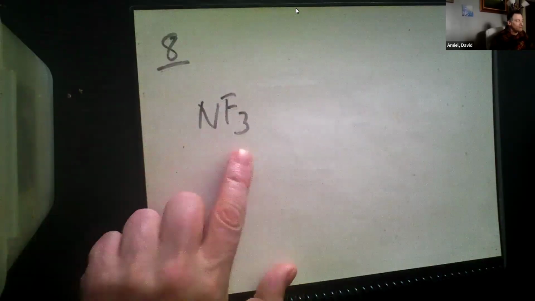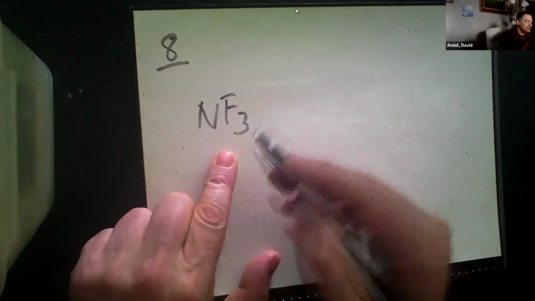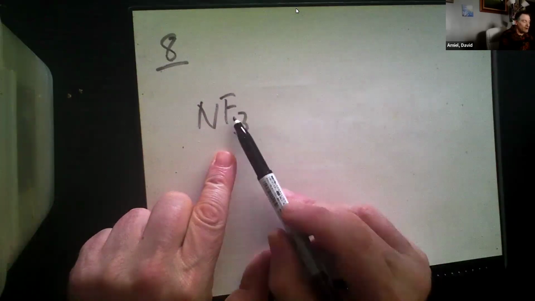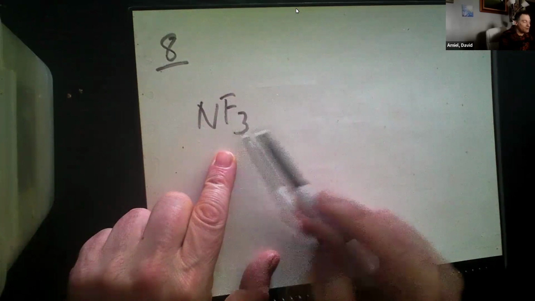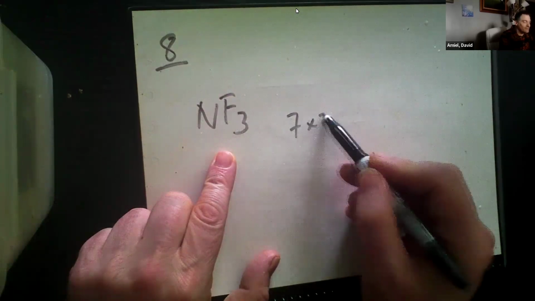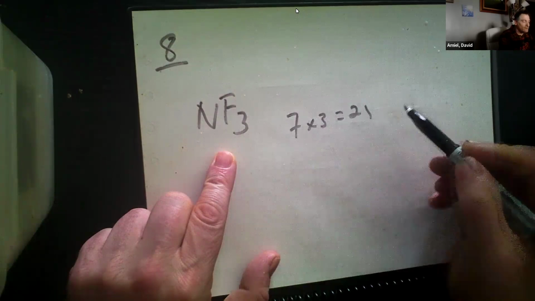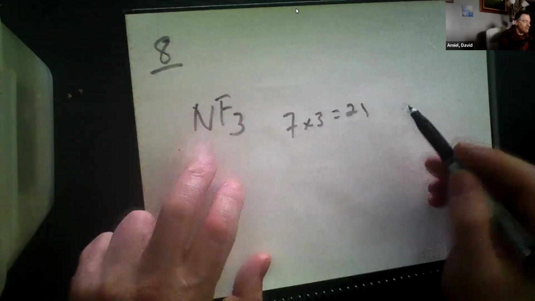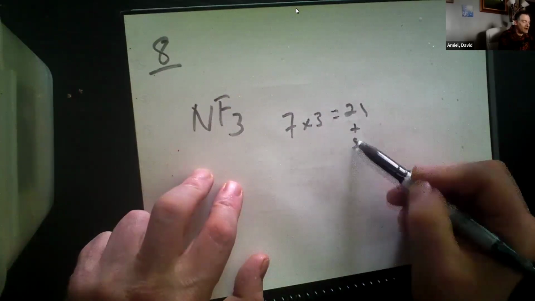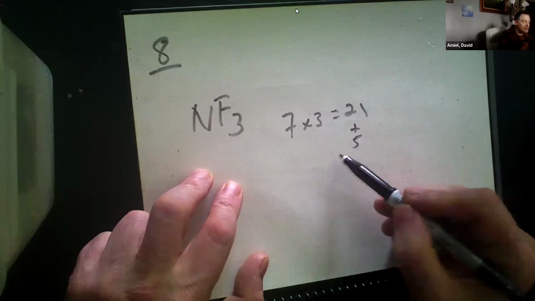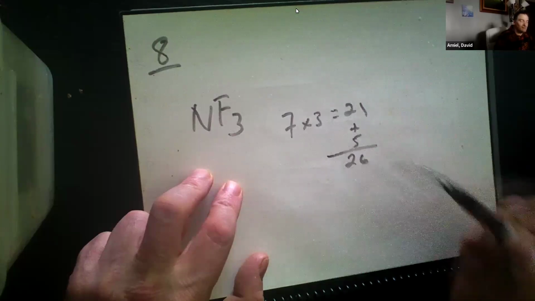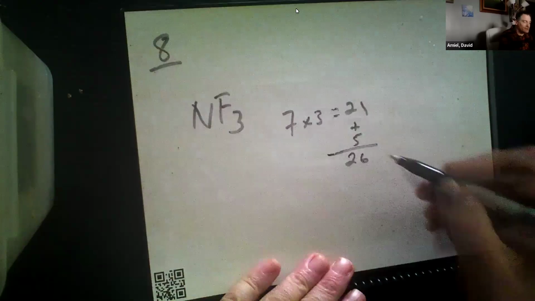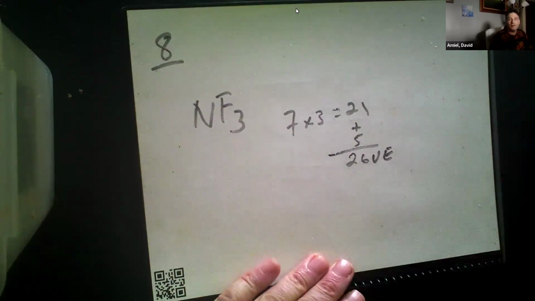We'll sum up all of the valence electrons. This is fluorine. There's 3 of them. 7 times 3 equals 21 for fluorine, and plus 5 for nitrogen equals 26 valence electrons. That is the first step, summing up the valence electrons.